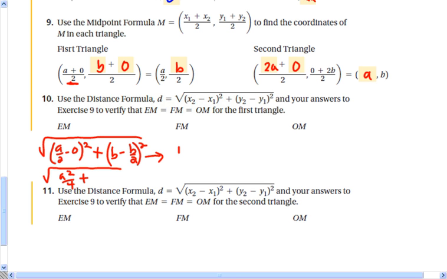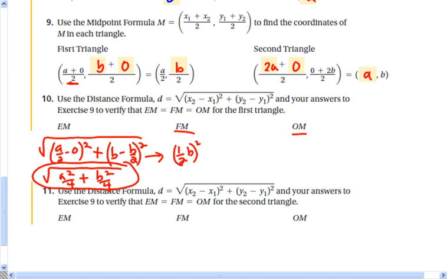And when I square that, I end up with b squared over 4 again. Anyway, we can work with that, and we could also show that FM and OM are going to end up with the same expression for the distance, that one there.